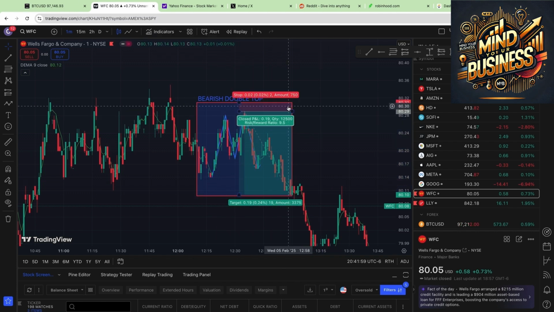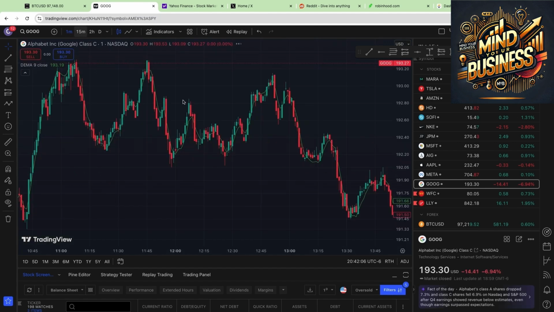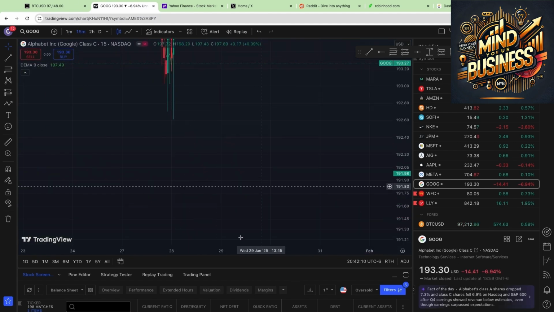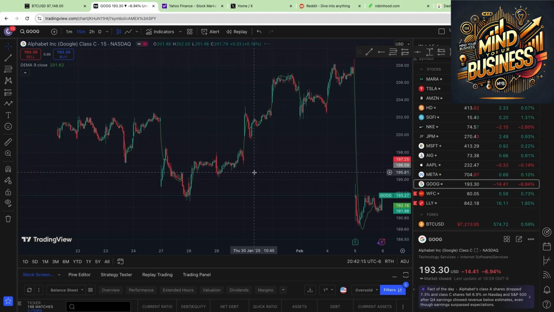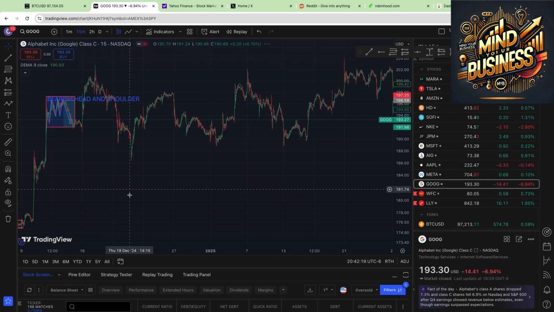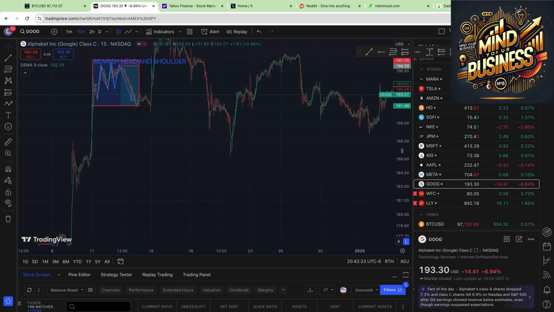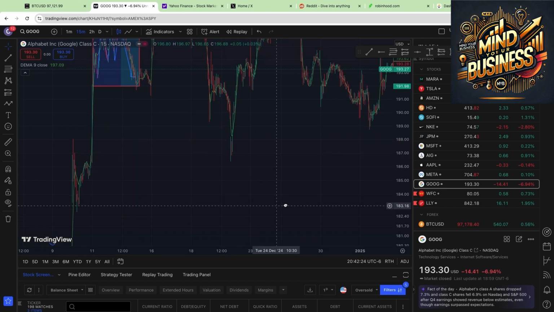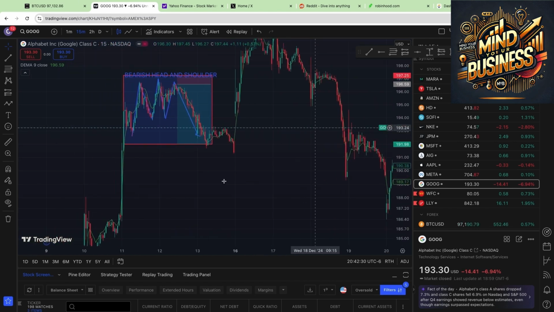Moving forward to the bearish head and shoulders, we want to go to our next chart. As you guys can see right here, there we go.